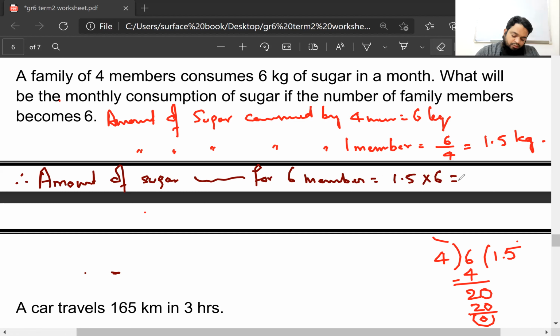The same concept, if we don't know how to multiply with decimals, just here 1 kg into 6, it is 6 kg, and half kg into 6, how much? Half kg, half kg, half kg, half kg, it is 3 kg. So then add, it is 9 kg is the answer. Got it, my dear students? Very simple. Okay, let us go for the remaining one.